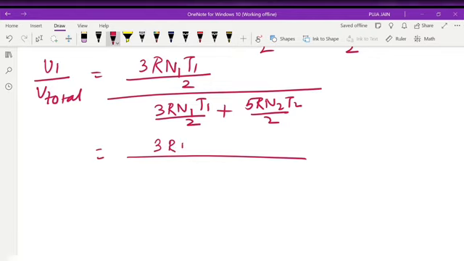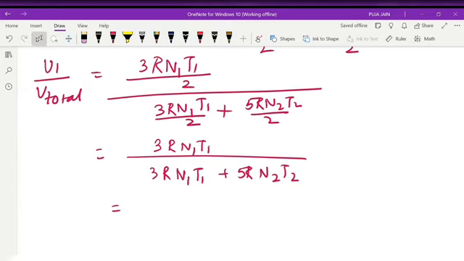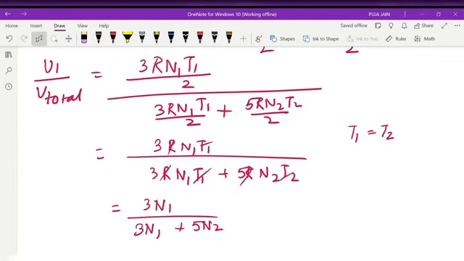So 3R N1 T1 plus 5R N2 T2. R will get cancelled out, and also in thermal equilibrium T1 equals T2, so these are the same and will cancel out. So we are getting 3N1 by 3N1 plus 5N2. Correct?